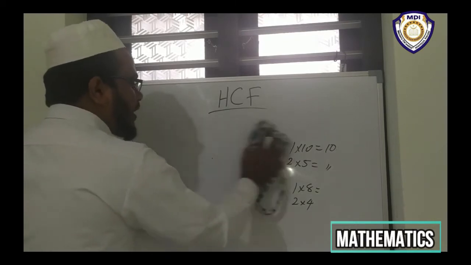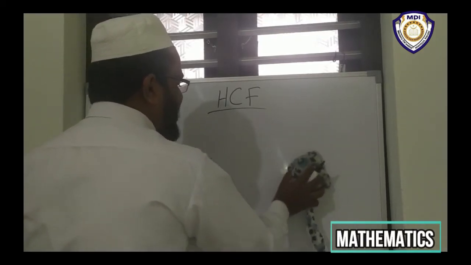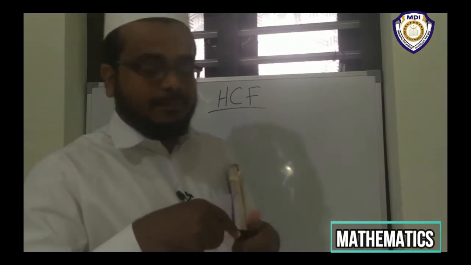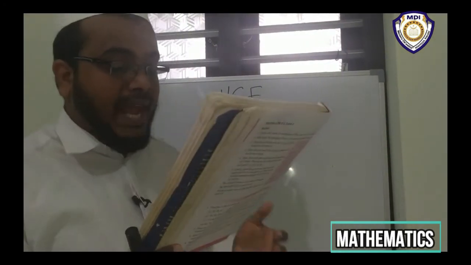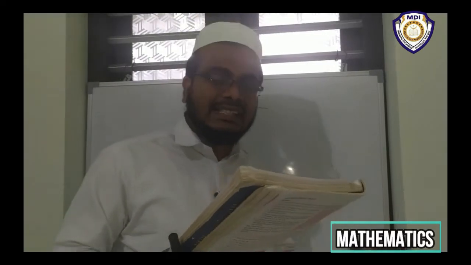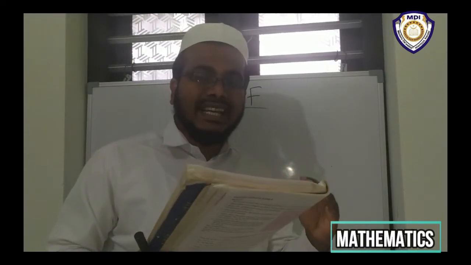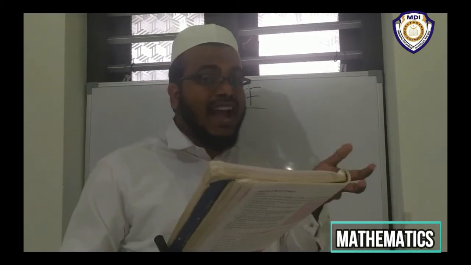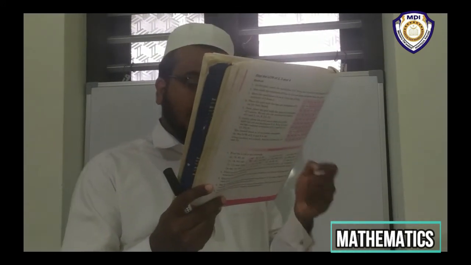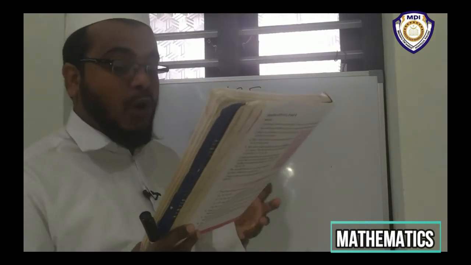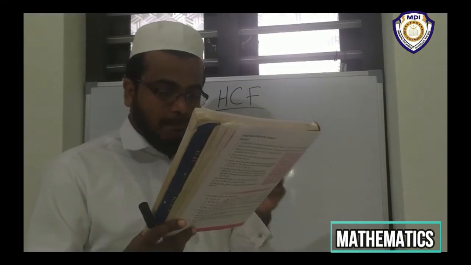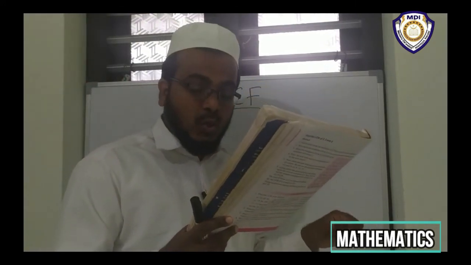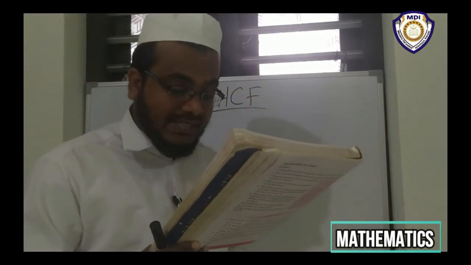How can we find the HCF, highest common factor? There are two methods. First method, prime factorization. Like LCM, we are going to study the method of finding HCF by the factorization method. First question: find the HCF of 144, 180 and 192 by the method of prime factorization.